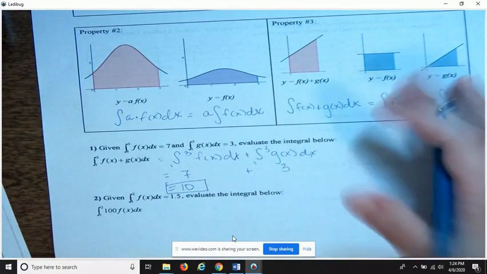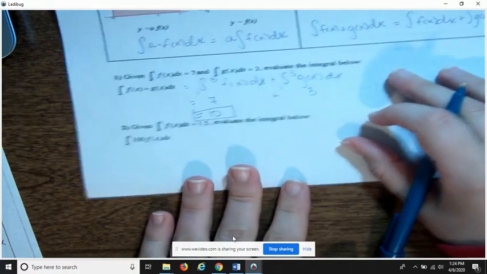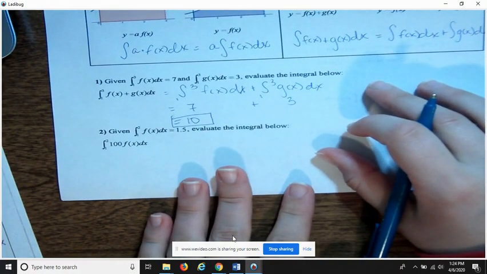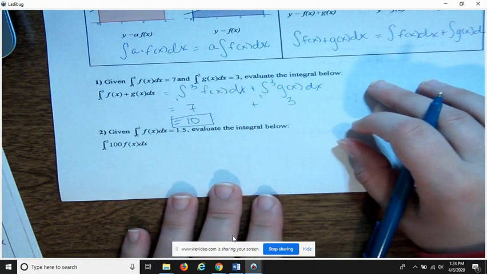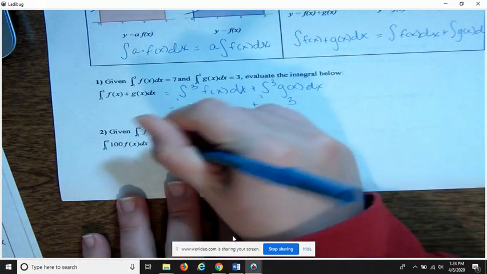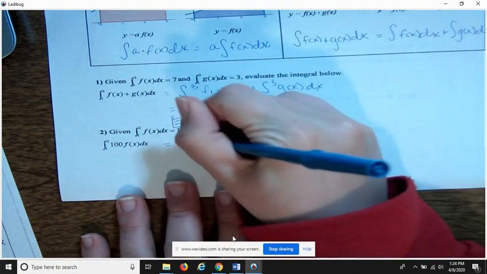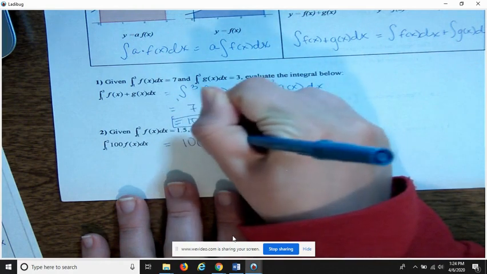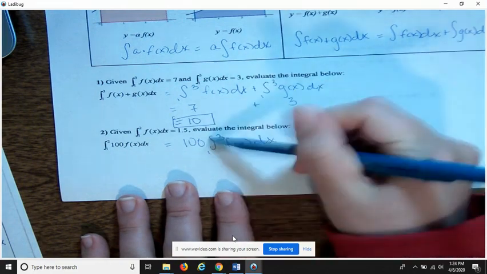And number 2, it gives us that the integral from 1 to 2 of f of x is 1.5, and it wants us to evaluate the integral below. So it's 100 times f of x. We can rewrite this from property 2 and put our 100 in the front, with f of x just on the inside.